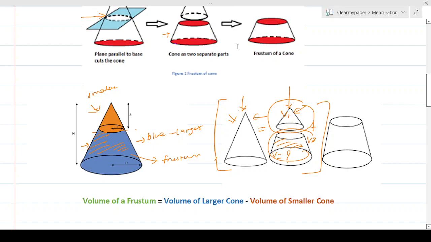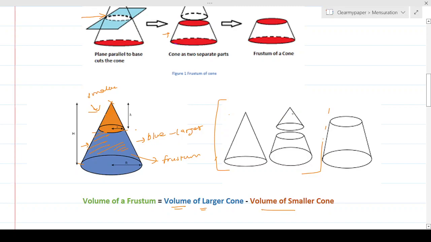Let me just erase it and explain it again, because it's easy that way. If you see in blue here, I'm going to take the volume of the larger cone, this whole cone, from here to here, the whole cone. I'm going to subtract the volume of the smaller cone, this piece I've highlighted in orange.